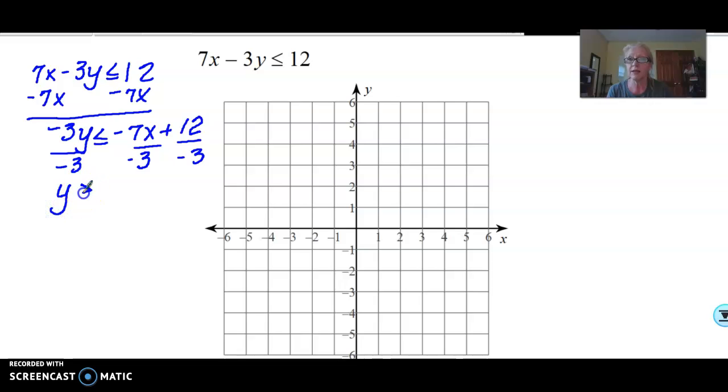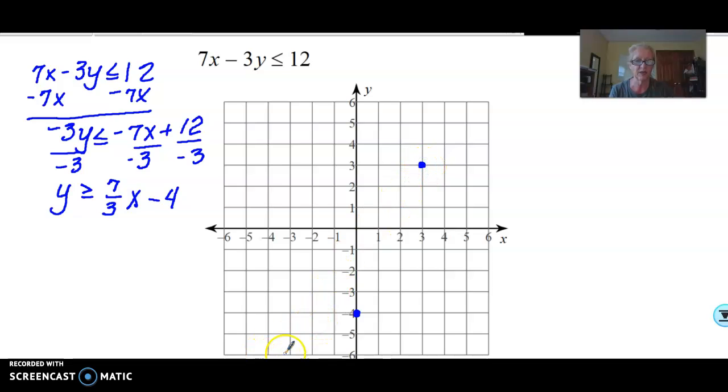Y is greater than or equal to negative over negative makes a positive. We have a slope of 7/3 x, and positive 12 divided by negative 3 is negative 4. So our starting point on the y-axis is negative 4. It's our y-intercept. Our slope is positive 7/3. So we go up 7, 1, 2, 3, 4, 5, 6, 7. And right 3, 1, 2, 3.